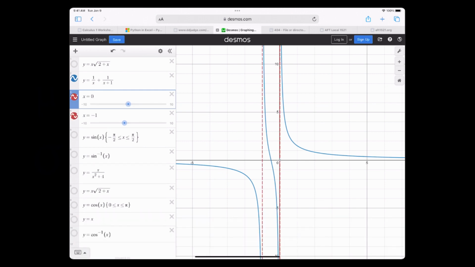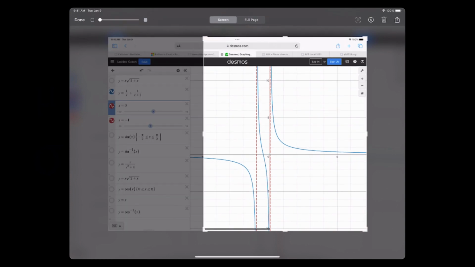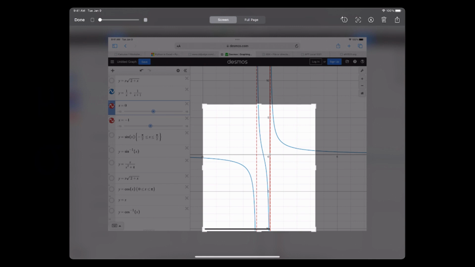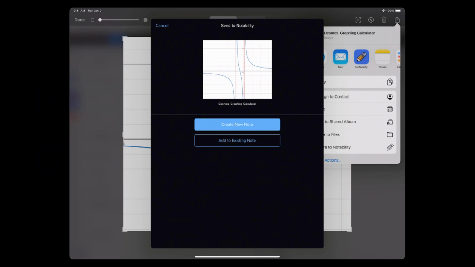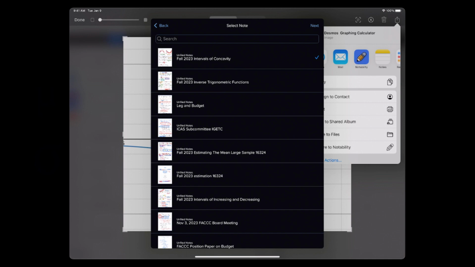Yeah. Okay, there we go. Let's bring this picture in. Add to the existing note called Concavity.